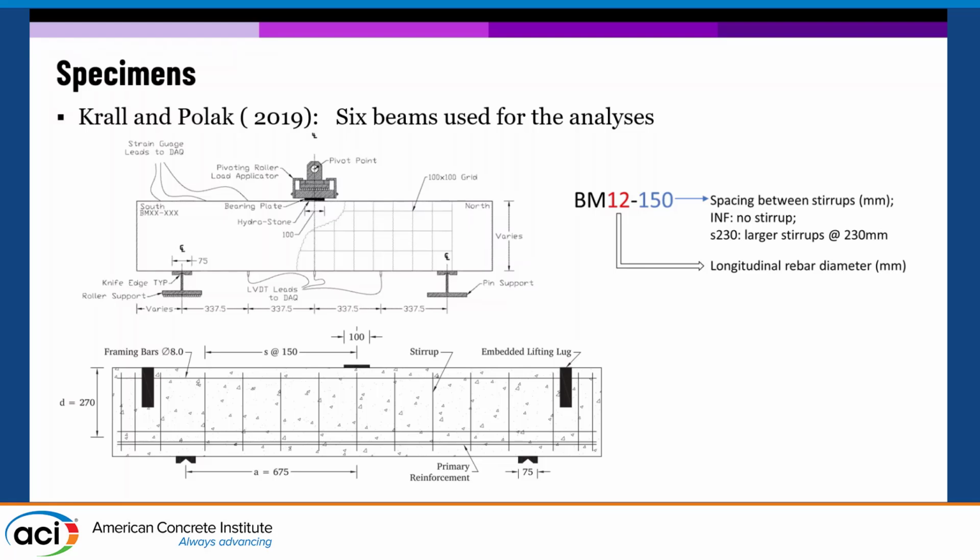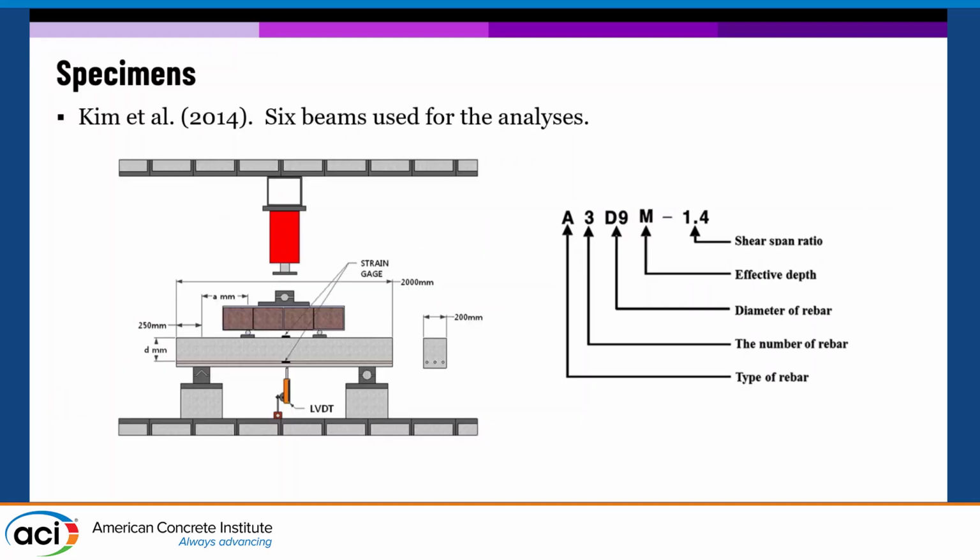And 6 of our beams are used in this paper for calibration of the strut-and-tie modeling. Now this next slide shows the setup by Kim, 4-point bending. And again, 6 beams from their testing we are using for our calibration.